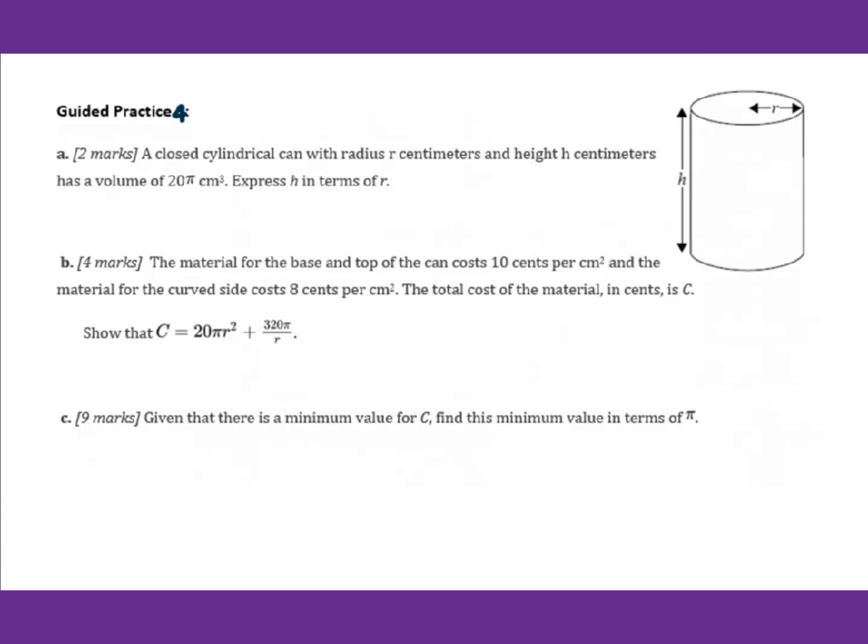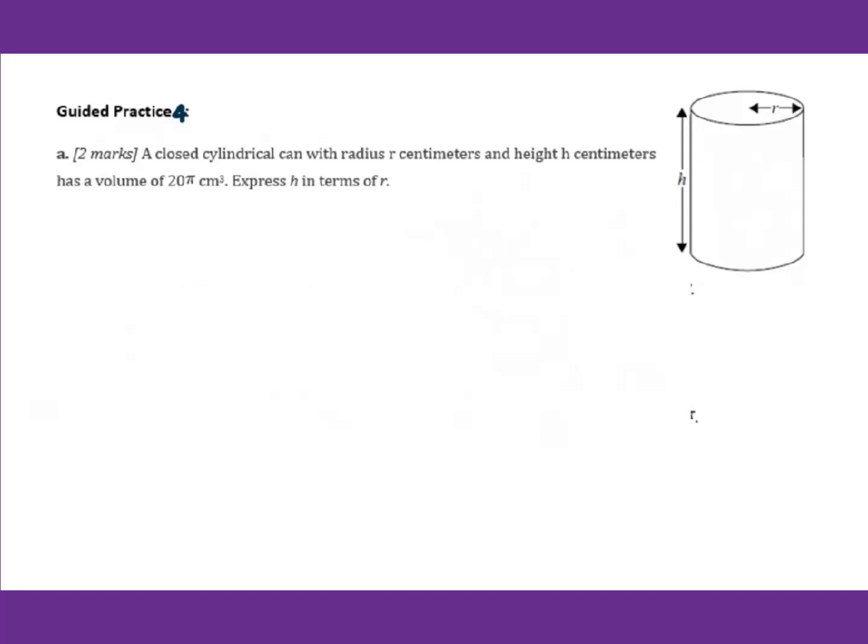Let's go to guided practice 4. A closed cylinder can with a radius r centimeters and a height h centimeters has a volume of 20 pi centimeters cubed. Express h in terms of r. As we know, the formula for the volume of a cylinder equals pi r squared times h.